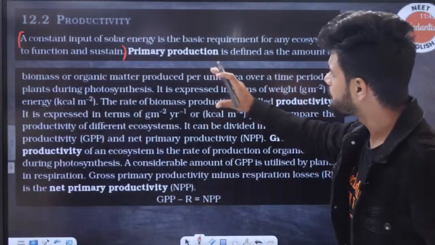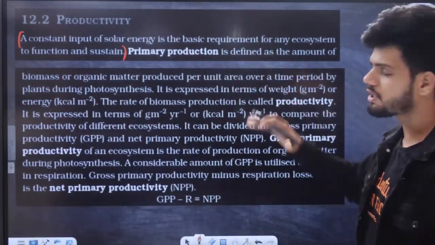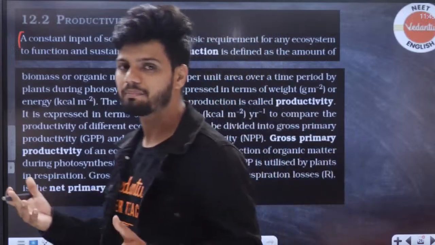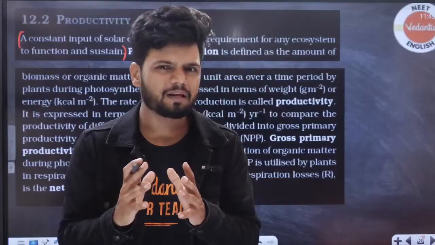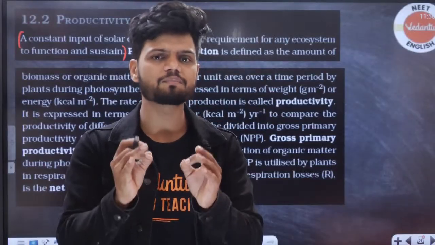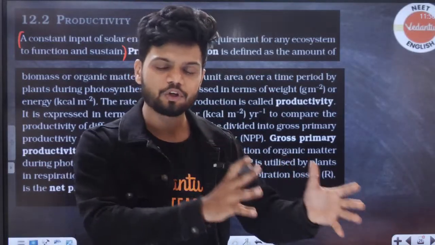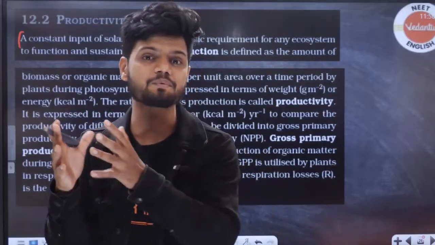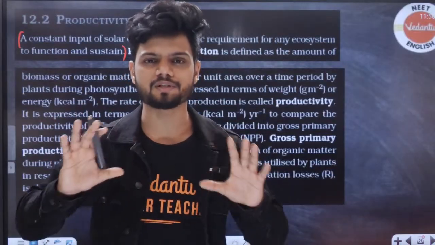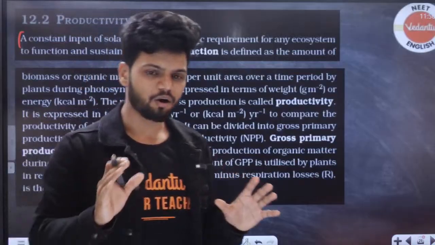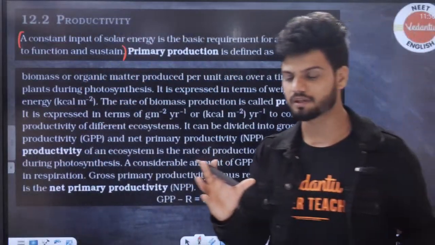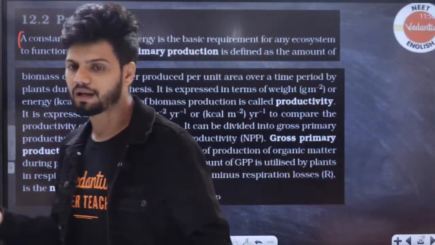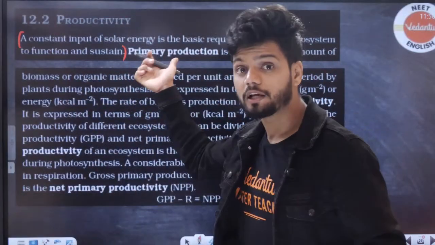Now, what is primary production? Students, when you think of primary producers, what comes to your mind? An animal or a plant? Obviously, primary producers are plants, so the definition should include plants.